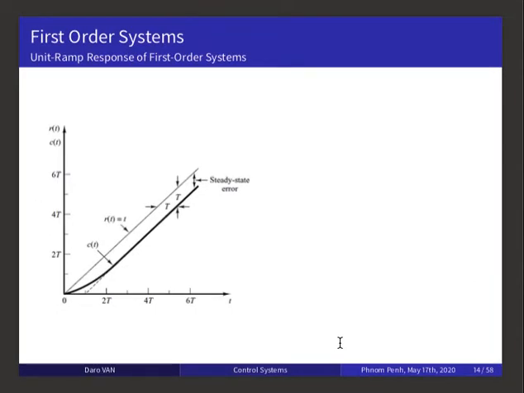This is the response Ct, and this is Rt. Rt equals t, it's a ramp input, and this is the response. So there will always be a steady state error, no matter what.